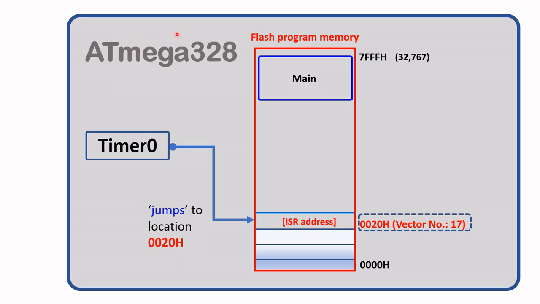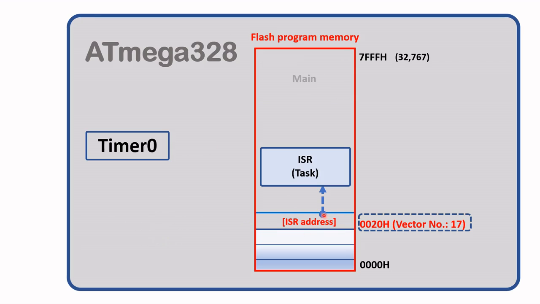Okay, let's see what happens when an interrupt occurs. Assuming timer 0 generates an interrupt signal, or a tick, it would jump to location 0020 hexa. That is vector number 17 as seen from the datasheet. At that location is the interrupt service routine address.